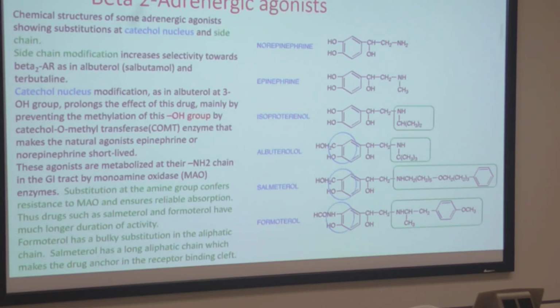So the whole idea is making stable compounds which can withstand COMT activity and MAO activity, resulting in beta-adrenergic agonists which have longer activity, increased potency, and selectivity. Okay? So if I were you, I would note there are two places where these beta-adrenergic agonists are susceptible to premature enzyme degradation.